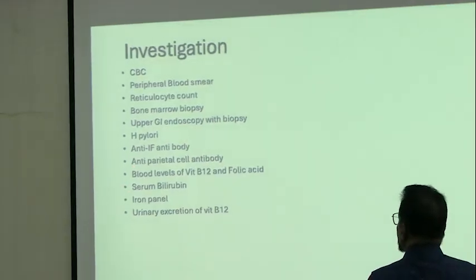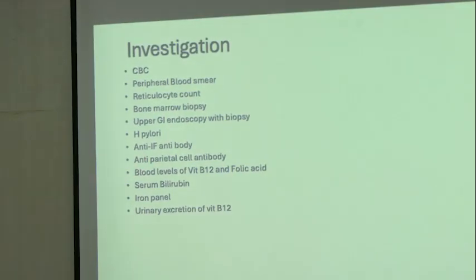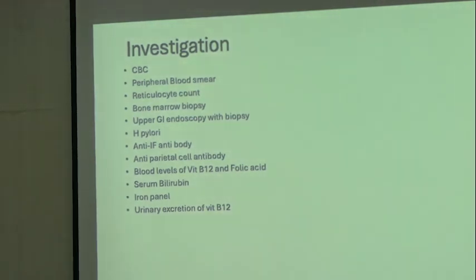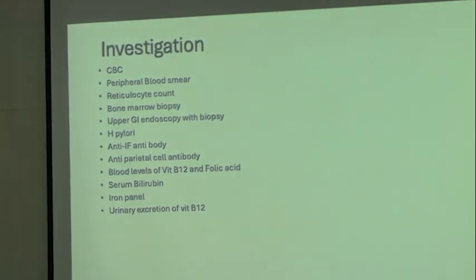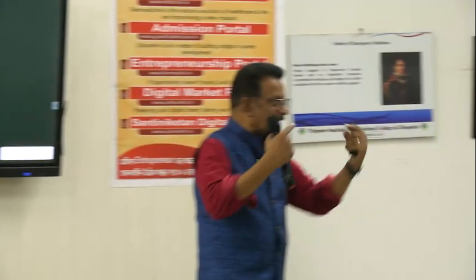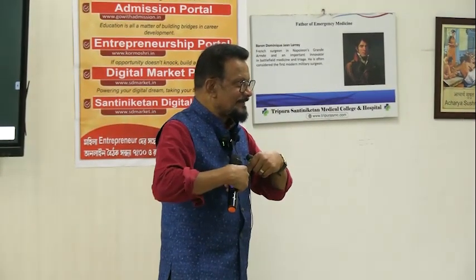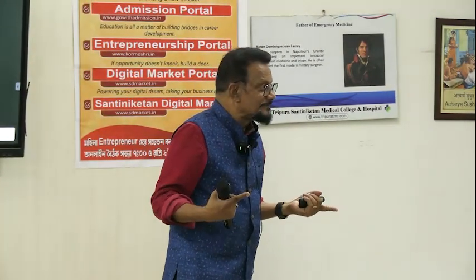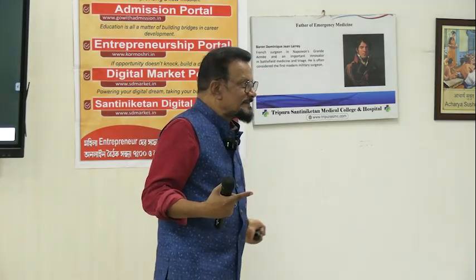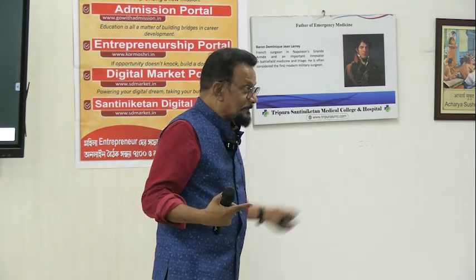Okay. So then what I did, this test: blood levels of vitamin B12 and folic acid. We know deficiency of these two nutrients, these are nutrients, no? Inadequate supply of nutrients is also malnutrition. The patient is malnourished.